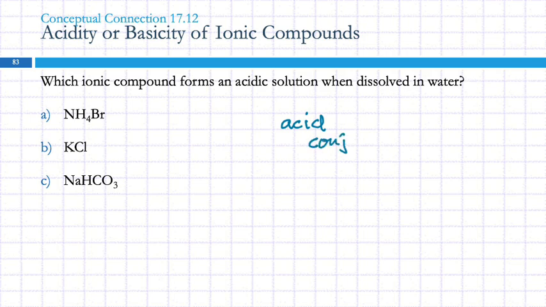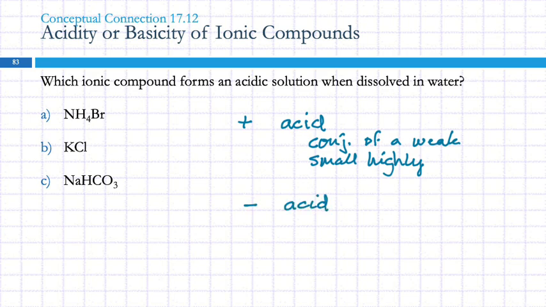The conjugate of a weak base can act as an acid. A small, highly charged metal can act as an acid for the cations, right? So that's for cations. This is for anions. If we want that to act as an acid, that needs to be the conjugate of a weak base. So that's what we're looking for.